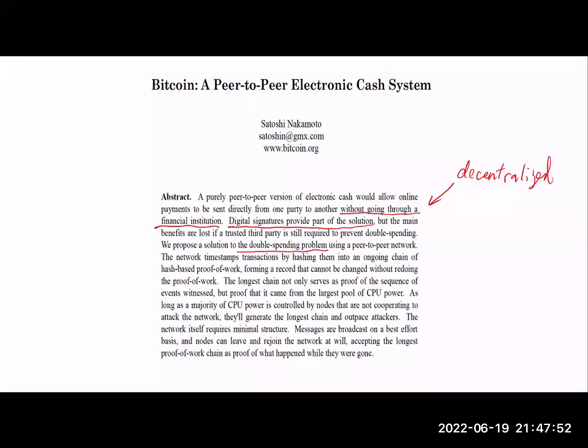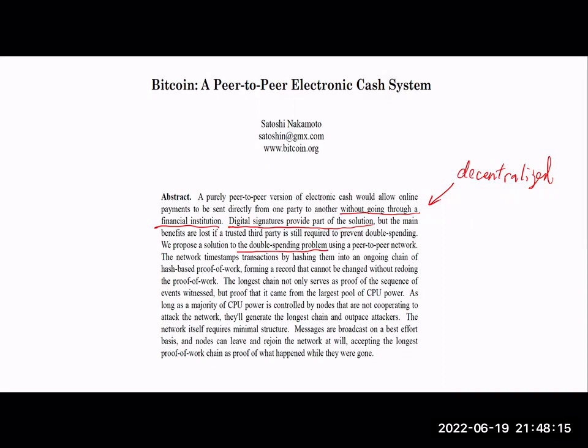So the double spending problem, as we'll explain later on, is really the consensus problem. So you can think of Bitcoin as using two innovations. One is cryptography, which allows you to have digital signatures.